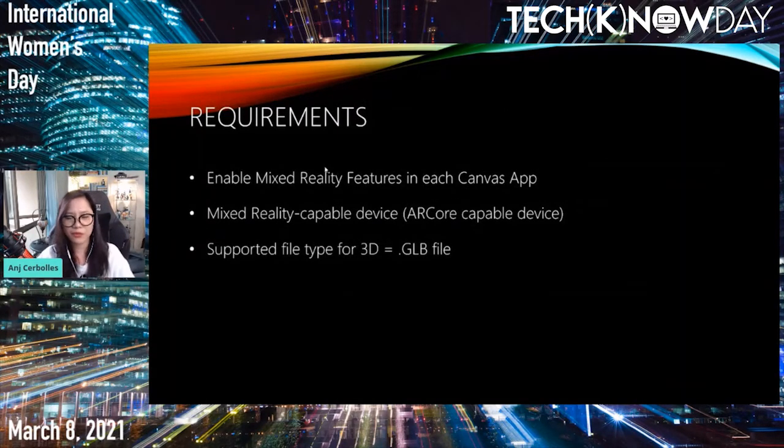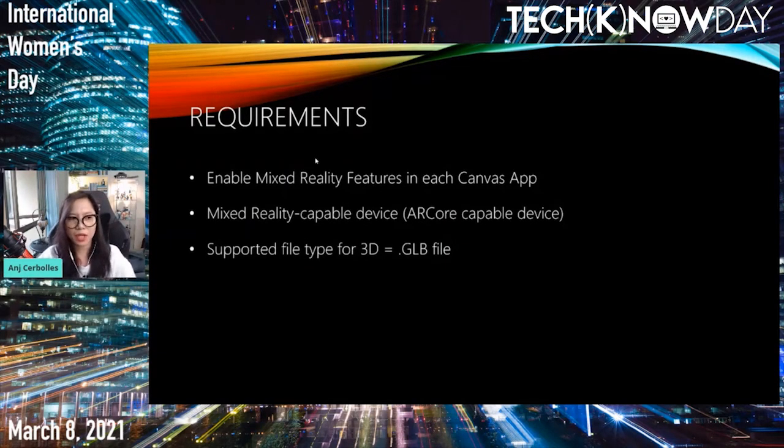Before we build our first mixed reality app, these are the requirements that we need. First, we need to enable the mixed reality feature in each of our canvas apps. Second, you need a mixed reality capable device, an ARCore capable device.